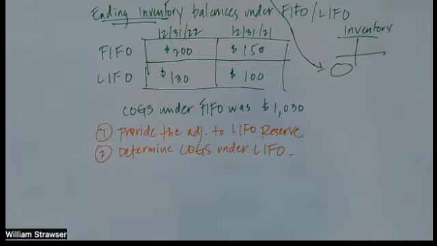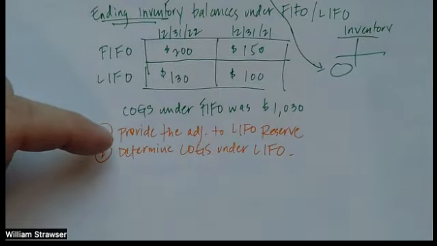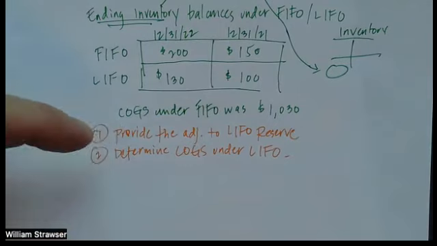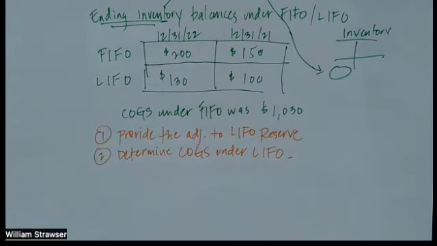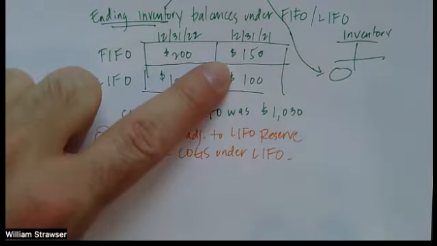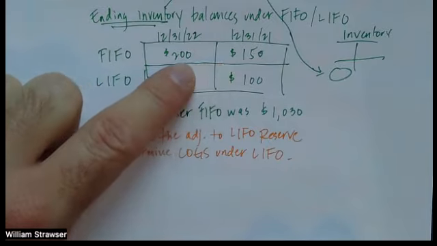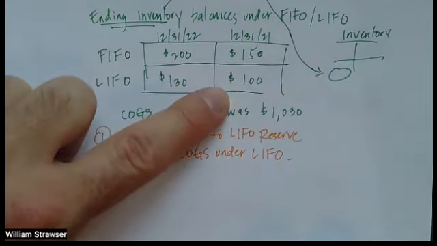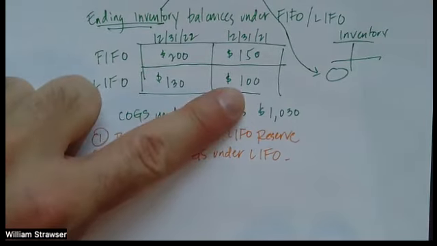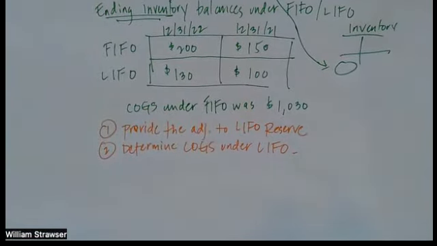So in approaching this, remember that if we have a LIFO reserve, if we're adjusting the LIFO reserve, we're reporting our internal record keeping under FIFO. But at the end of the period, we want to produce a financial statement that gives me LIFO numbers for cost of goods sold and ending inventory.